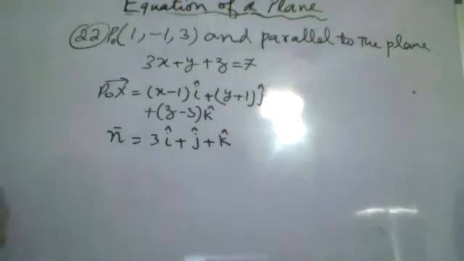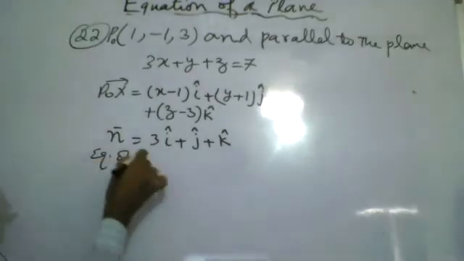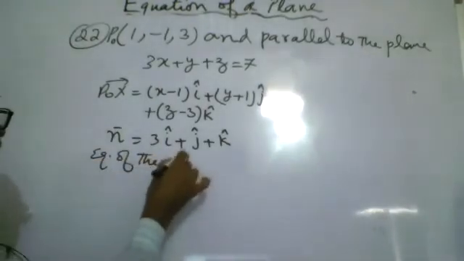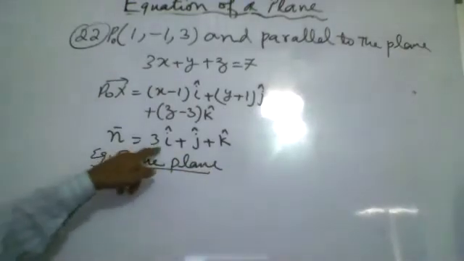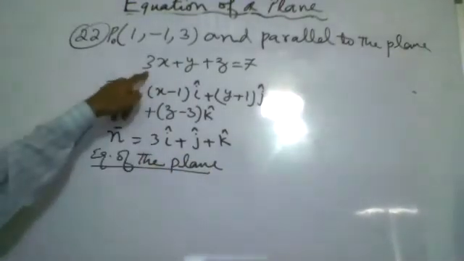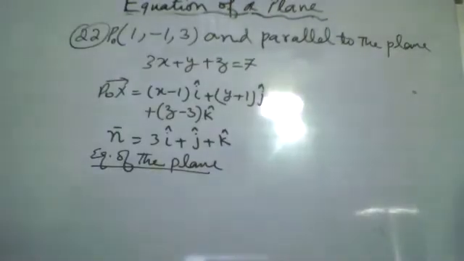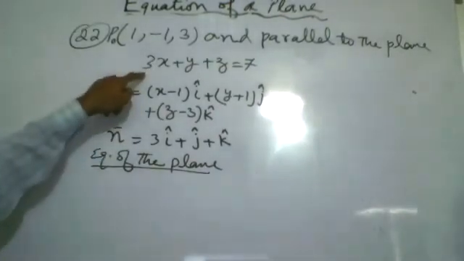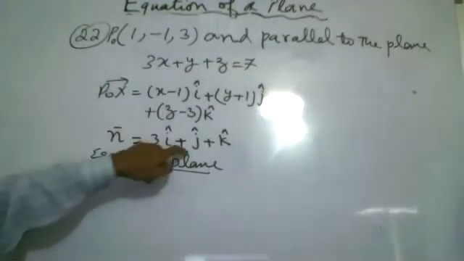Now we'll take the dot product of P naught x dot n, or n dot P naught x, equal to 0. So, from the plane, how to find the vector? Take the coefficient of x with i, the coefficient of y with j, the coefficient of z with k. Coefficient of x is 3, so it will be 3i. Coefficient of y is 1, plus 1j.